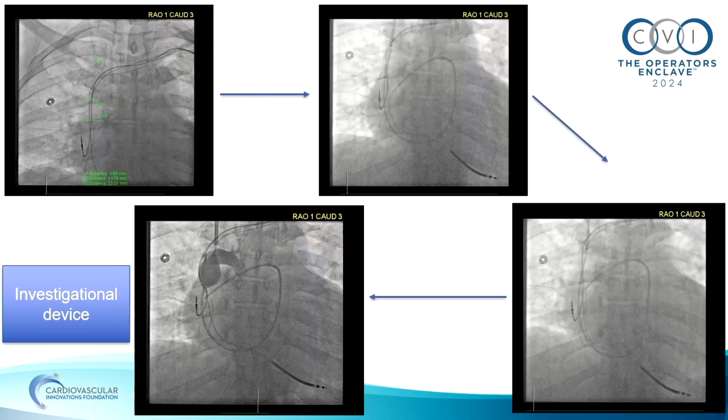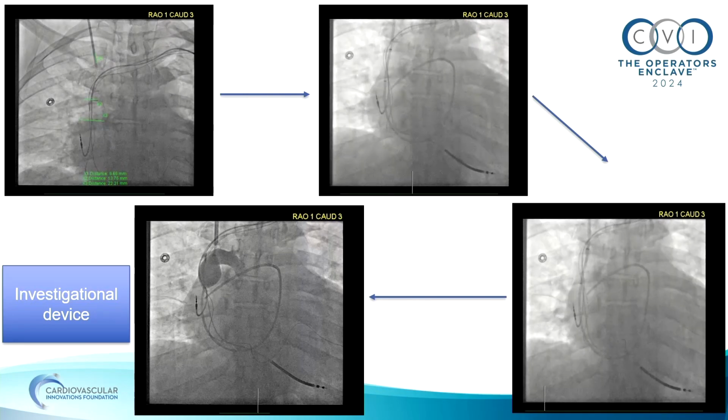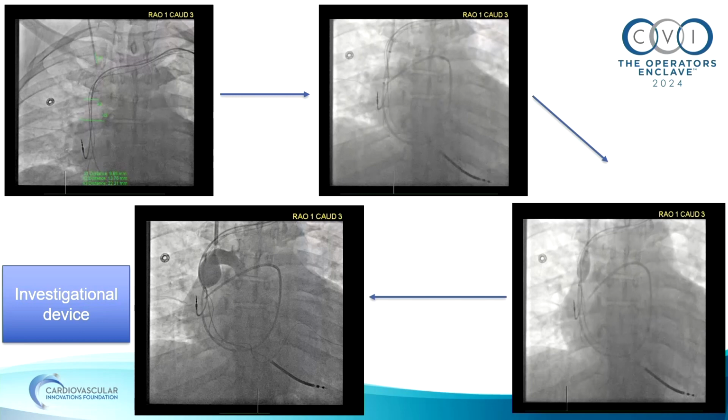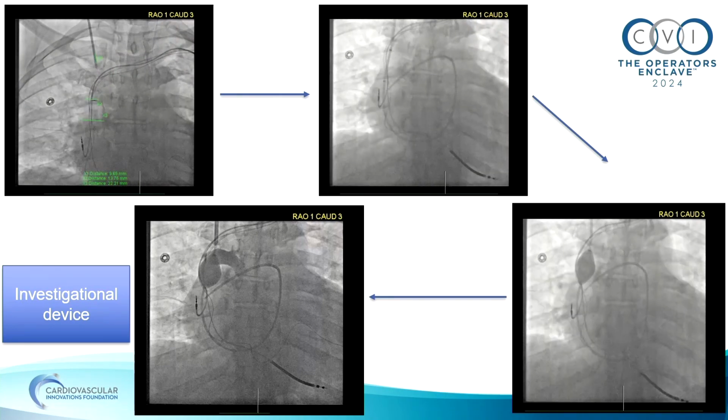So this patient was enrolled into the clinical trial, and you notice up here it's a venogram for the SVC. You mark the positions. You put in the catheter just like a Swan-Ganz, and then you position it at the RA-SVC junction. The balloon gets inflated with half and half saline, so you can see that it is occluding the SVC, and then the contrast injection proximally confirms that it is occluded.